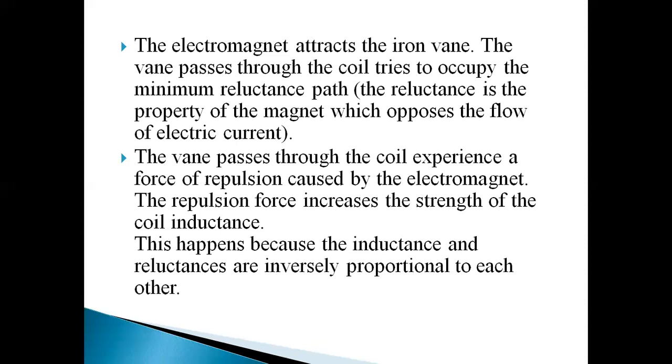The repulsion type basically consists of a fixed coil inside which there are two soft iron rods, A and B, which are parallel to one another. In this, one rod is fixed and one rod is mobile, which carries a pointer. The mobile rod carries the pointer that moves over a calibrated scale. When the current to be measured is passed through the fixed coil, it sets up its own magnetic field which magnetizes the two rods.